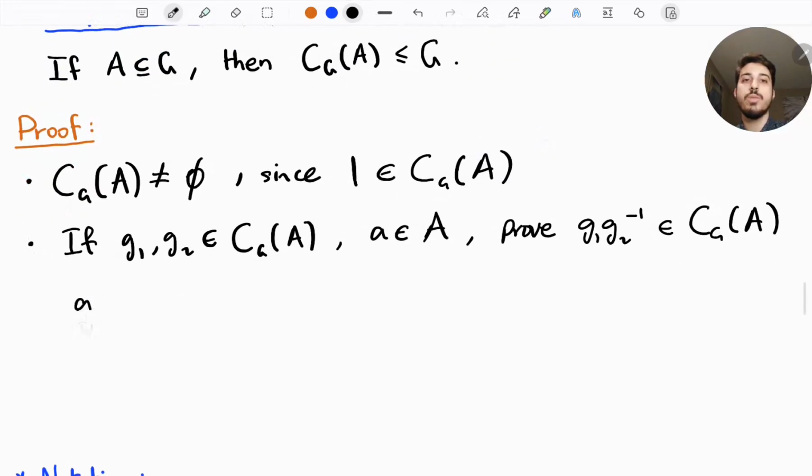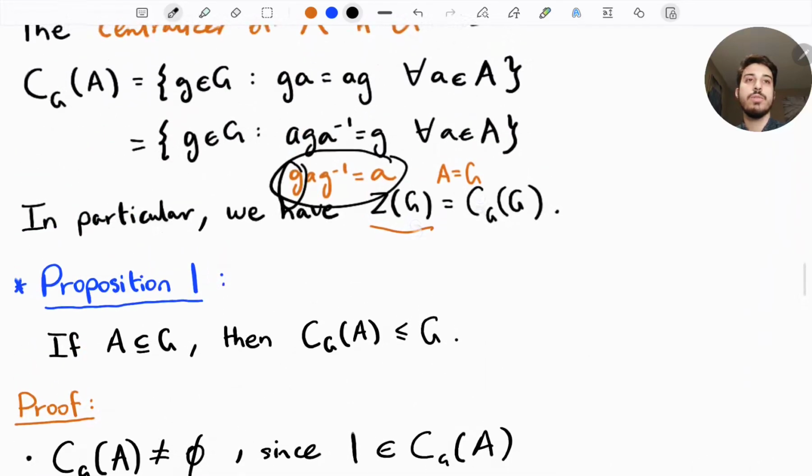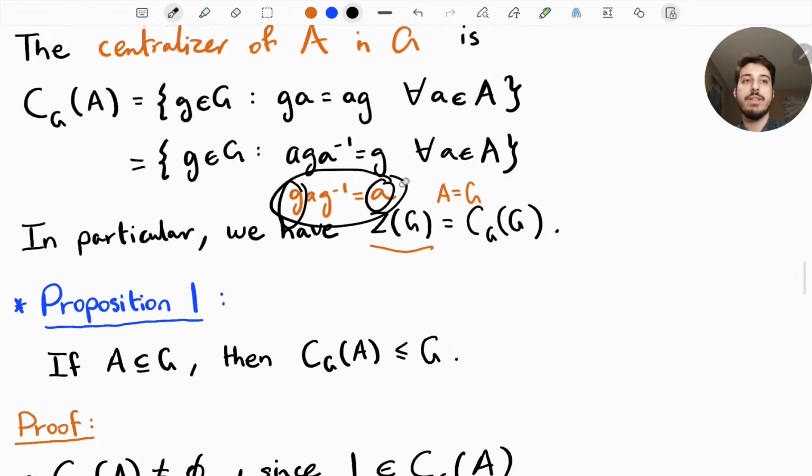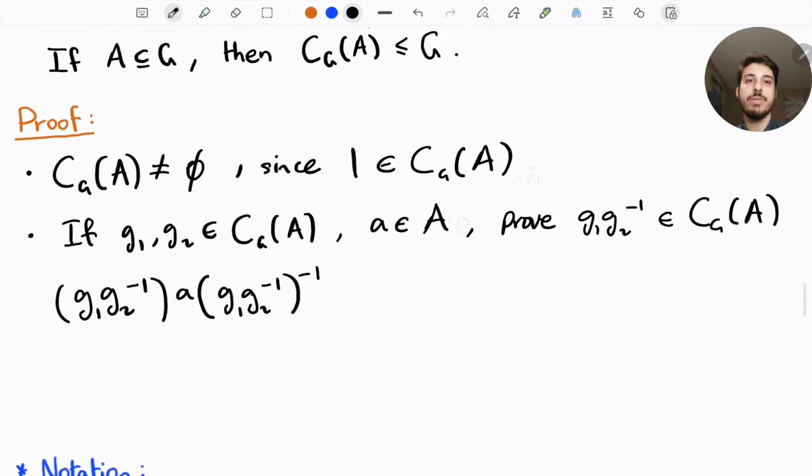So g1 g2 inverse times a times the inverse of g1 g2 inverse. And I want all of that just to equal a at the end. If I succeed in doing that, I would have finished my proof.